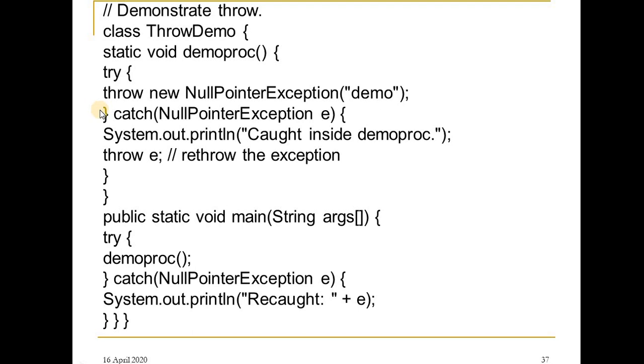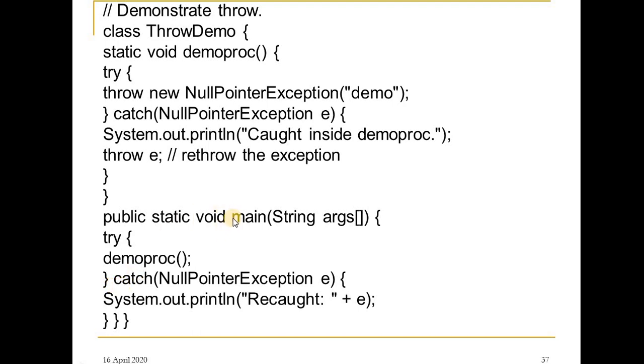Once it has been thrown inside the try, that thrown exception will be caught by the catch and handled. It is handled by the catch block. Again it is rethrown over here. So throw e will again rethrow the exception. Now when it is rethrown over here, it will be caught by the caller method's catch block.